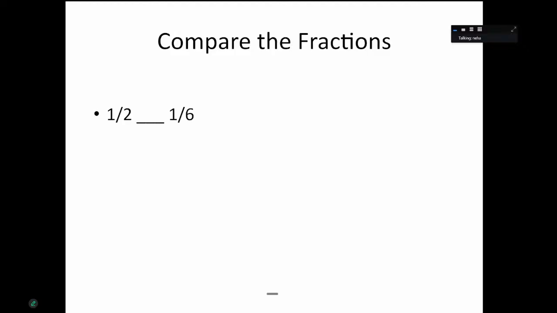And then in here we have 2 and 6 as the denominator, which makes 1/2 the greater fraction than 1/6. And then here we have 7 and 14, which makes 7 the smaller denominator and the greater fraction.